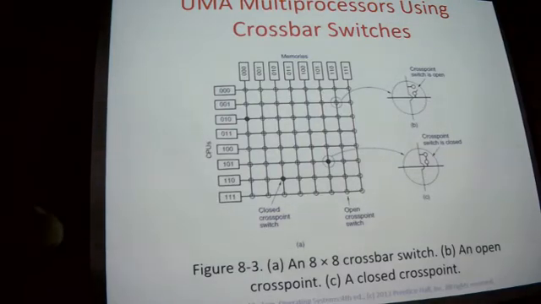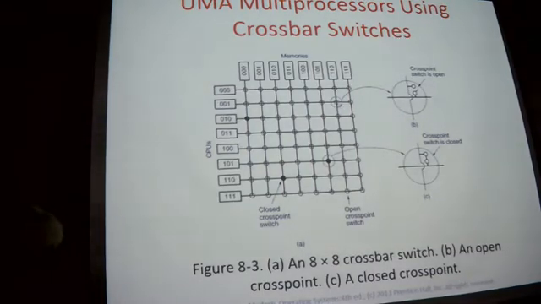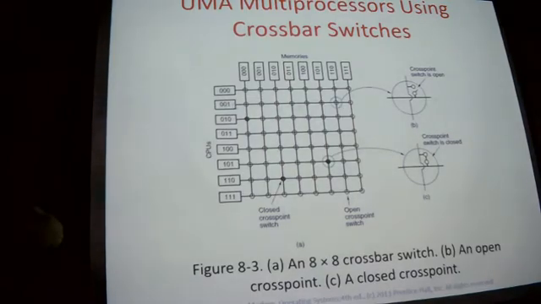For example, if the CPU 001 wants to read data from memory 110, we use this cross-point switch, and this switch should be open. Open means that they are connected. The CPU can read from the memory.